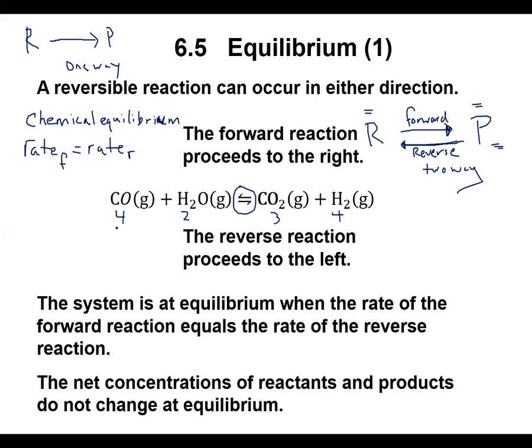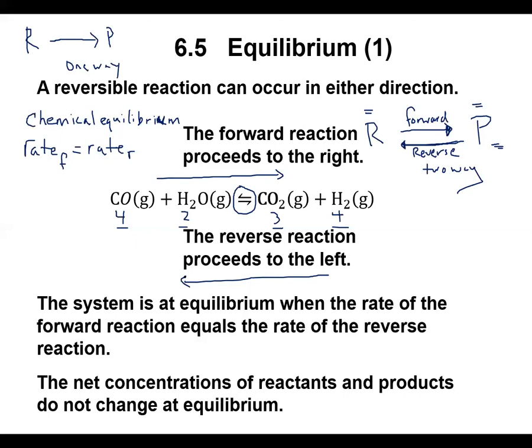What we see is it doesn't necessarily mean that we have the exact same amount on both sides. What it means is, as quickly as it goes from left to right, it is going to just as quickly head back the other way. So when you look at their concentrations, they will not change from where they're at that moment.